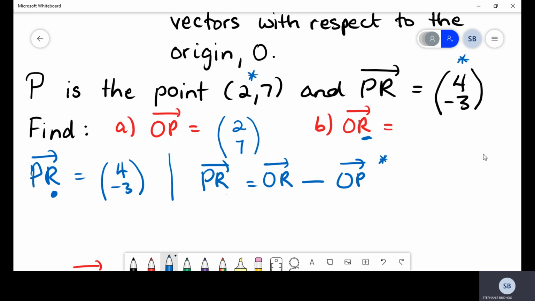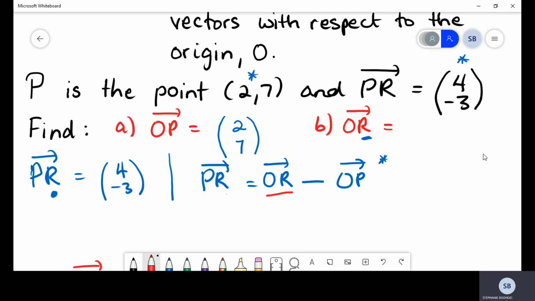Now, I can see something. They want us to calculate the value of OR, and here it is. So what we are going to do is consider this statement as an equation, and make OR the subject.